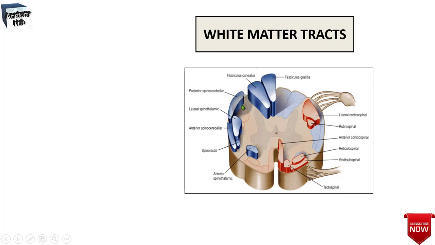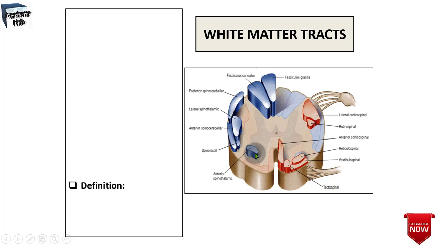And you'll find the lateral funiculi composed of the posterior spinocerebellar tract, the ventral spinocerebellar tract, the lateral spinothalamic tract, the spinotectal tract, and the anterior spinocerebellar tract. And ventrally, you will find the anterior spinothalamic tract.